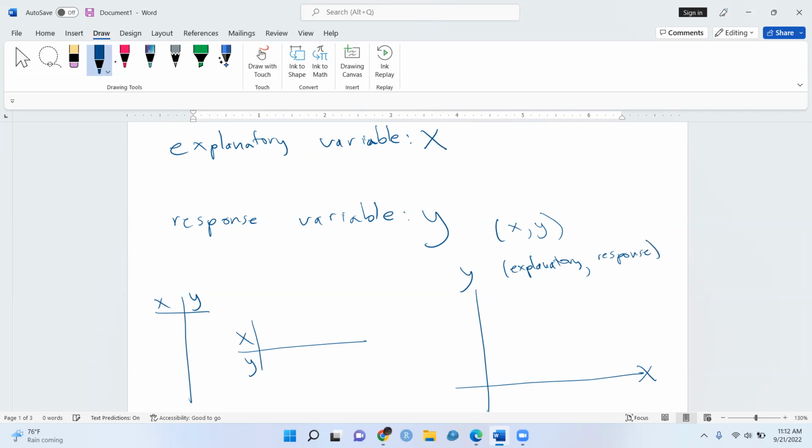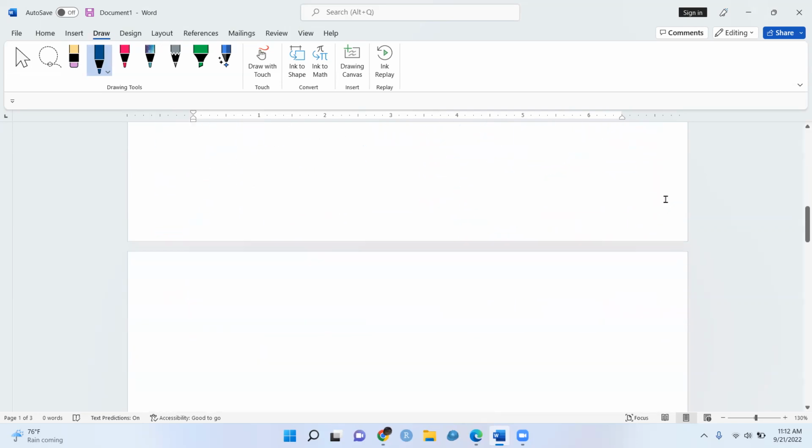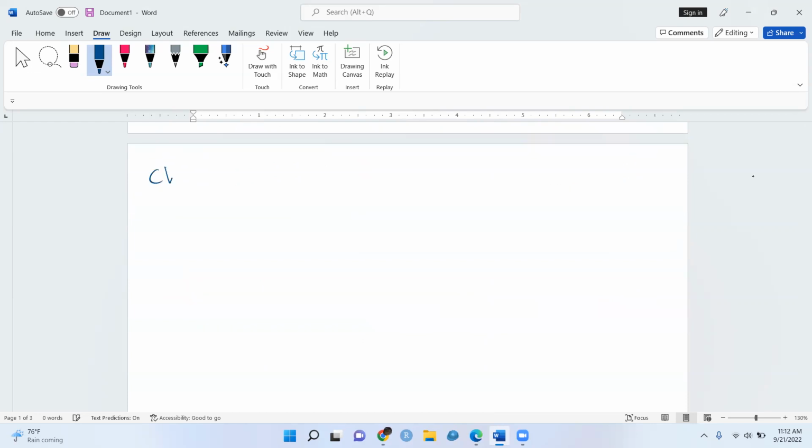So this is how the ordered pairs look, and so we're looking for patterns, and all of chapter 4 is about linear models. So chapter 4, we're looking at a linear model. It's written like this: y equals, StatCrunch writes it this way: b plus mx.